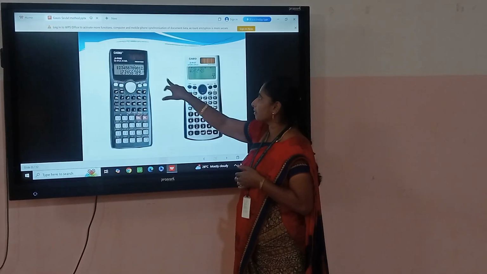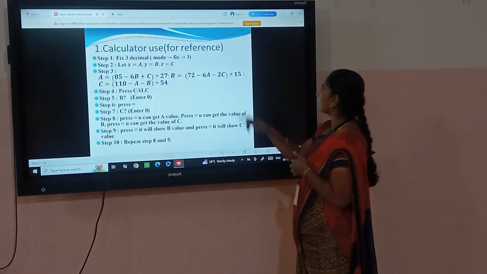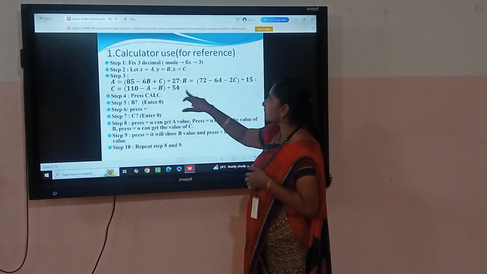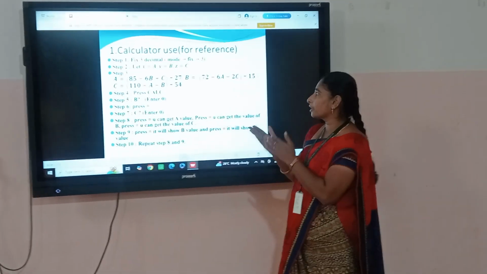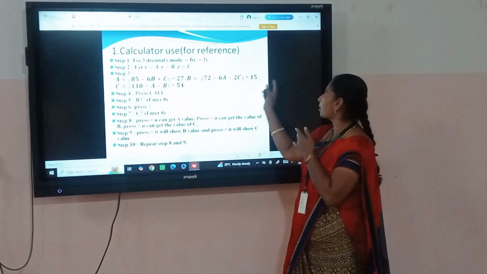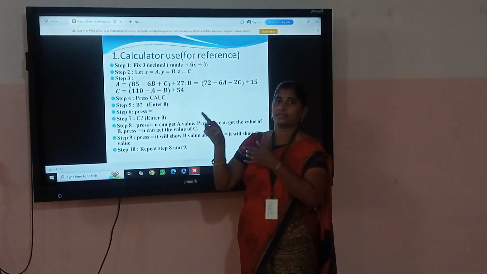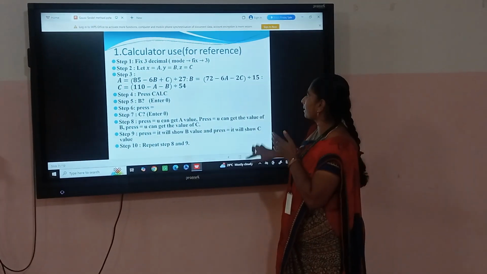Then use the colon. After the colon, b equal to some value, then use a colon. Then c equal. For the last one we cannot use a colon because it completes the equation. If we continue with another equation, we have to use the colon symbol. Then press CALC and we get the final answer like this.